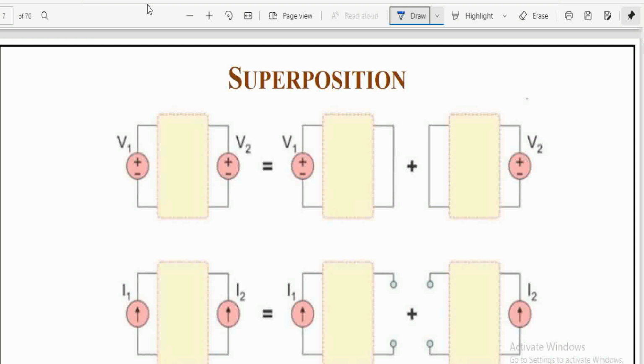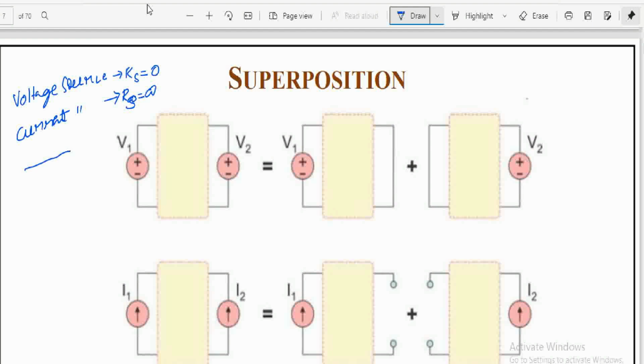Already we have seen, for a voltage source, what is the internal resistance? For an ideal voltage source, the internal resistance Rs equals 0, and for an ideal current source, the internal resistance is Rs equal to infinity. So how is Rs equal to 0 indicated? With a simple line.